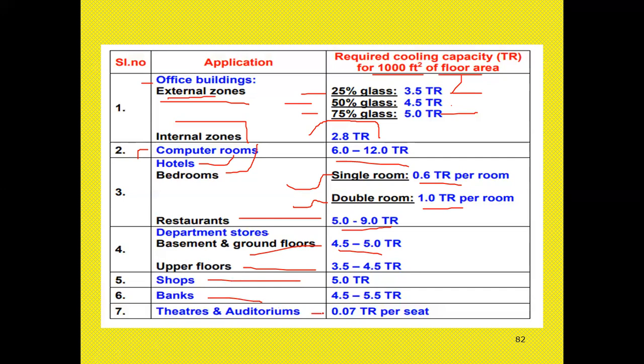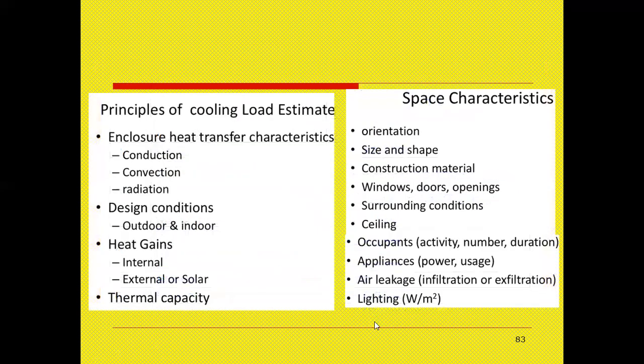For the theaters and auditoriums, we are using 0.07 tons per seat. So these load calculations we are generally using for the application, that is in tons, for 1000 square feet of floor area.